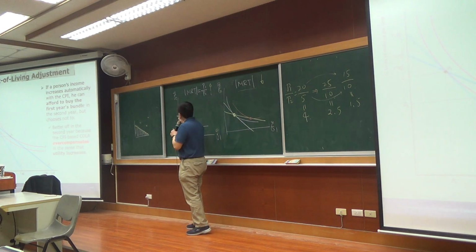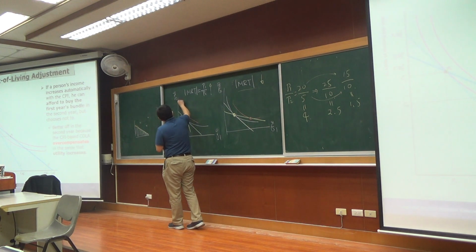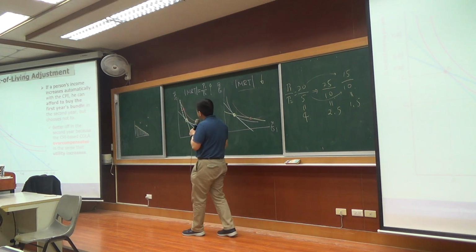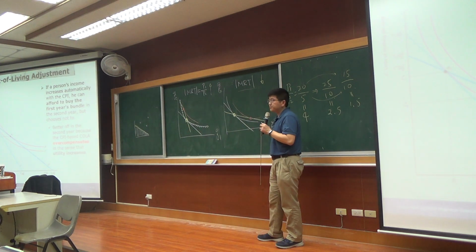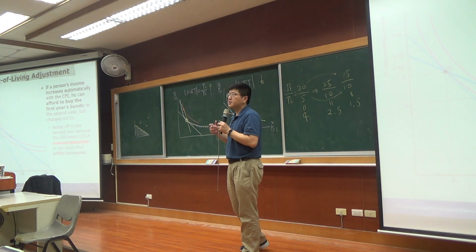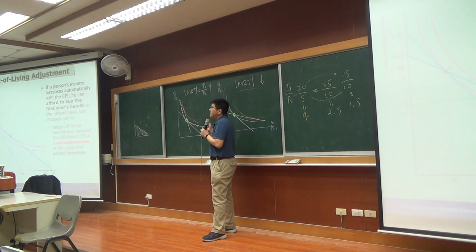After the change of the relative price, if we use the utility level as the standard, we compensate the consumer or the household so that he or she may remain at the same level as before, at the same level of happiness, at the same level of well-being.